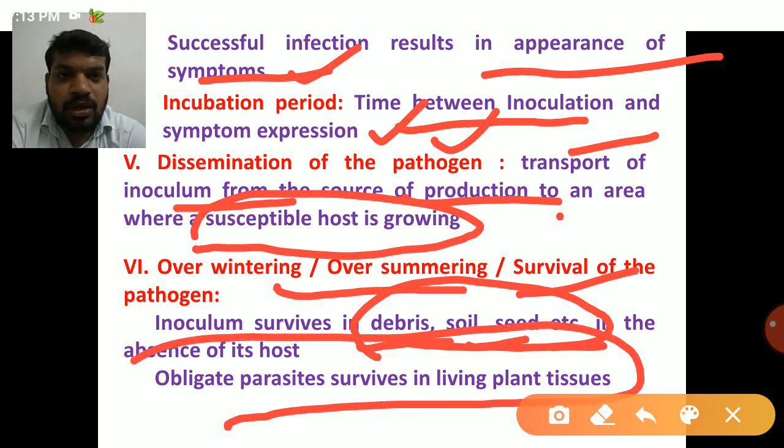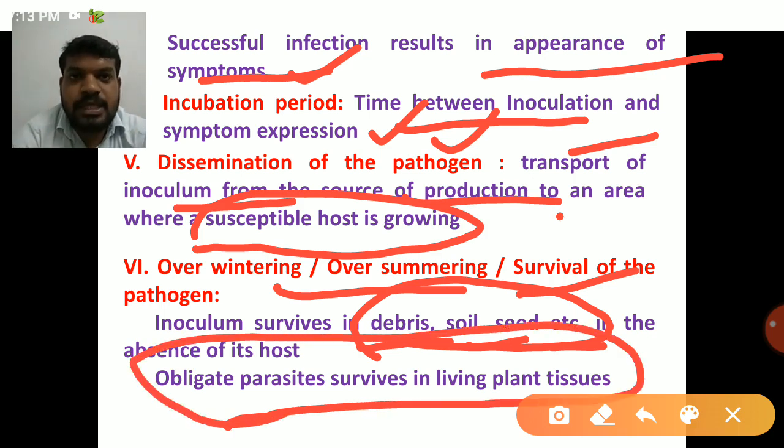In contrast, obligate parasites are only present in living organisms because they only take nutrients from living organisms. So they survive in another host like a weed host.